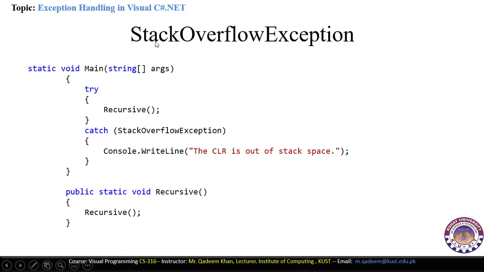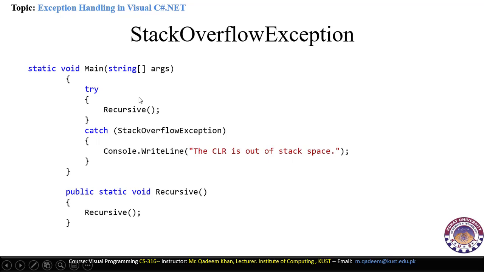Another type of exception is called StackOverflowException. In the stack overflow exception, if we are calling a function without end, then the StackOverflowException will be raised here. So for example, if we are calling a recursive function again and again, then stack overflow will occur. So in the recursive function, catch StackOverflowException, Console.WriteLine, "CLR is out of stack space".